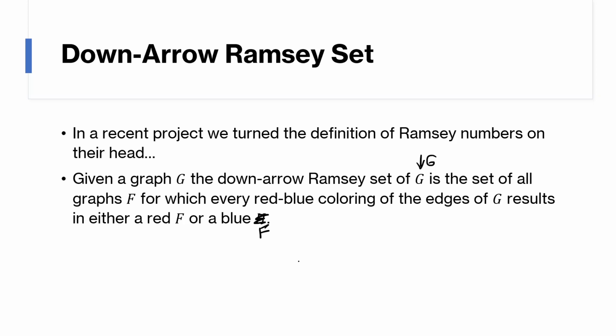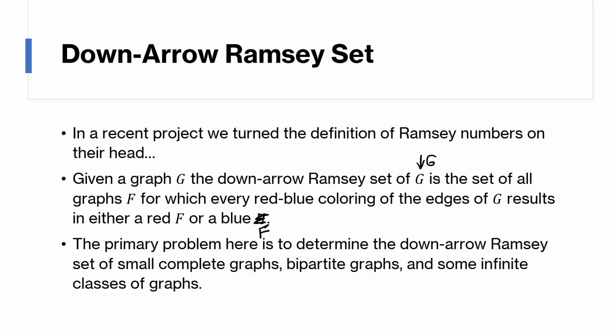We don't have two graphs here. So that is, we look at the collection of all graphs such that any red-blue coloring of G results in a monochromatic F. It turns out that this set of graphs has a sort of algebraic structure to it. It's what's called a partially ordered set, and we determined this down arrow Ramsey set for some small complete graphs, for cycles and paths.